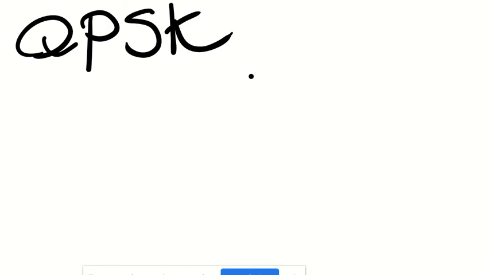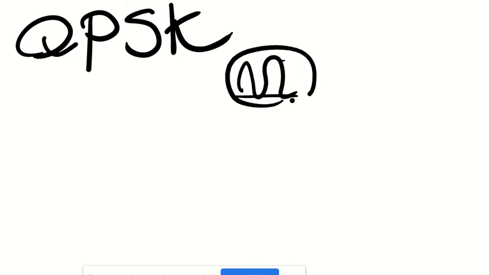So far what you have learned is that I either change the amplitude, it's ASK, or I change the phase, it's PSK, or I change the frequency of a part of this signal, it's FSK. But I want to do more. How about I put more passengers in this portion of my cab?